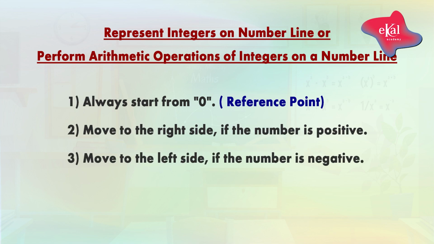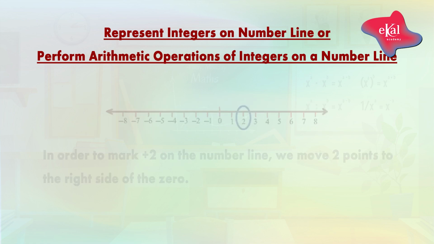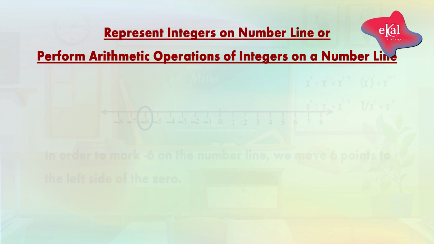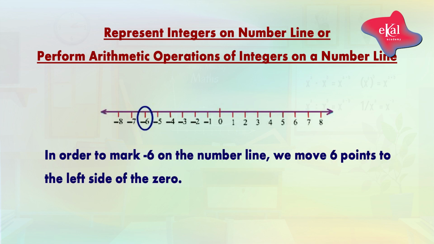Move to the left side if your number is negative. In this figure, you can see in order to mark +2 on a number line, we move 2 points to the right side of the 0. In order to mark -6 on a number line, we move 6 points to the left side of 0.